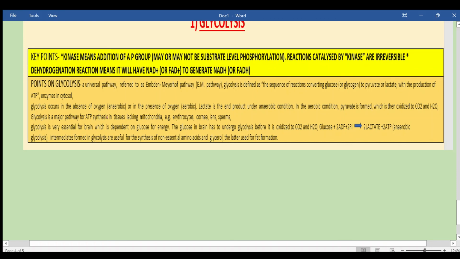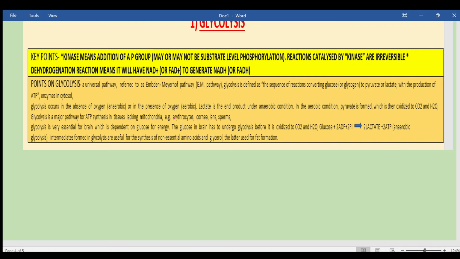So the cells which are lacking mitochondria will generate ATP using glycolysis, because mitochondria is the powerhouse of the cell, as we all know, generating the maximum amount of energy.